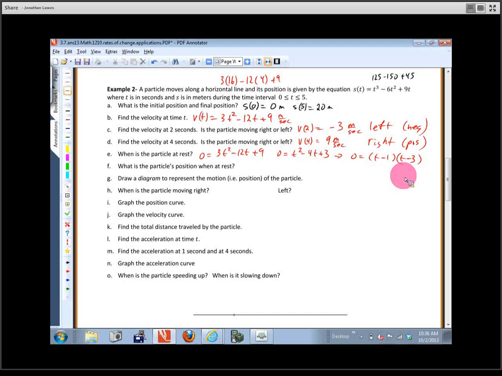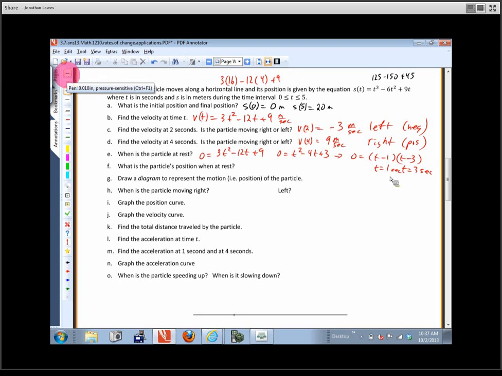So when is the particle at rest? At t equals 1 and at t equals 3. And again, since those are times, those are seconds. So at 1 second, it's stopped, and at 3 seconds, it's stopped. And then it says, what is the particle's position when it's stopped?